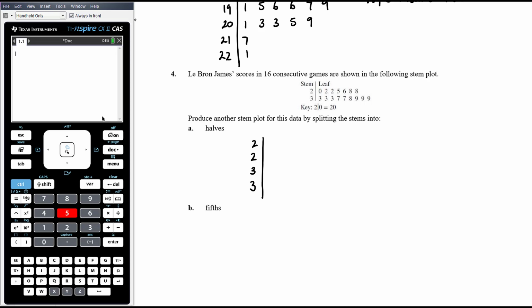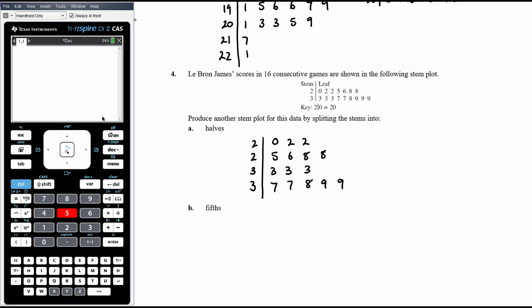In the first stem it'll be everything from 20 through to 24, so that'll be the 0, 2, 2, and then everything after that goes in the second half. That's 5, 6, 8, 8, and then the 3s, so again everything from 30 up to 34, so those 3 3s go there, and then the rest 7, 7, 8, 9, 9 are in the second half.